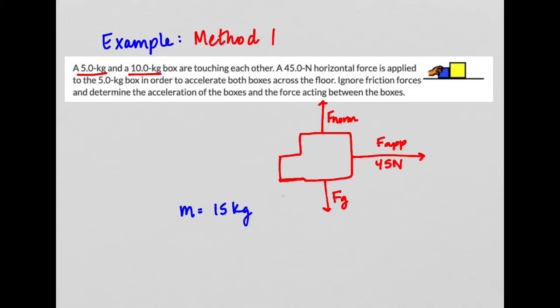Okay, we also said that, was there any? No. There is technically a force acting here between these two boxes, right? But this is what's called an internal force.